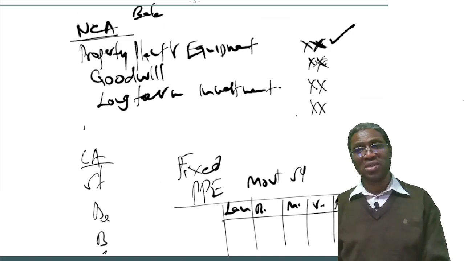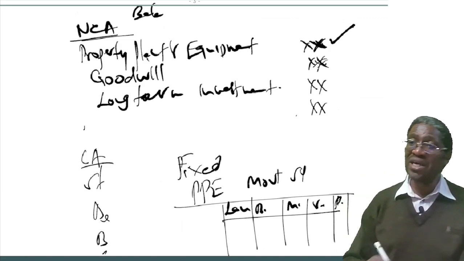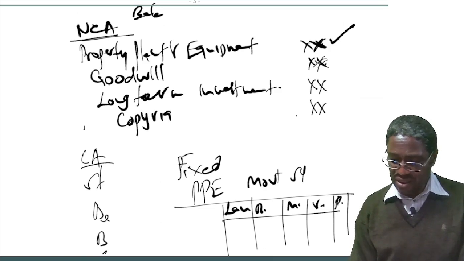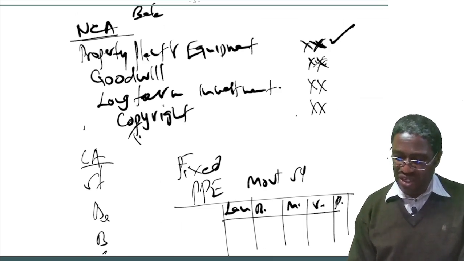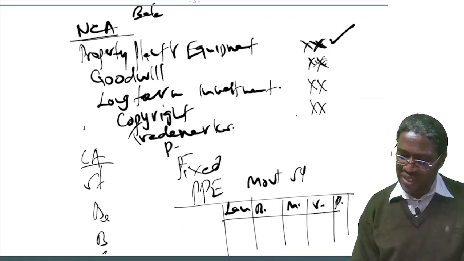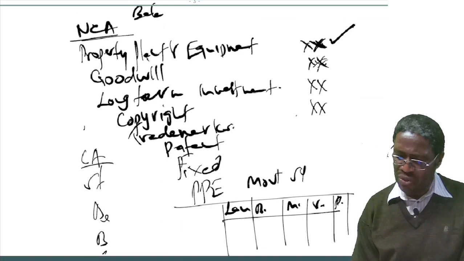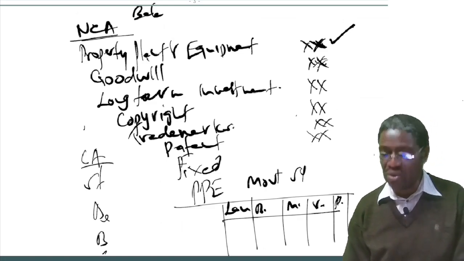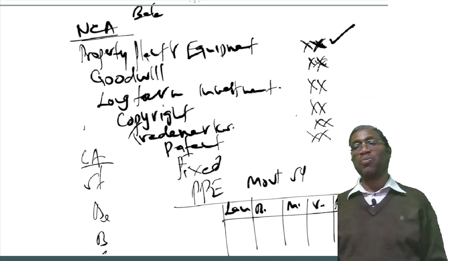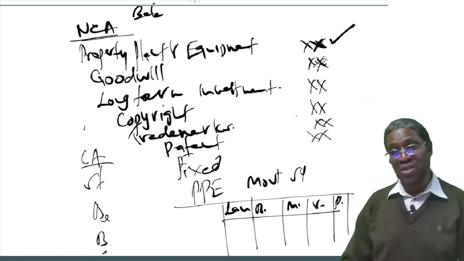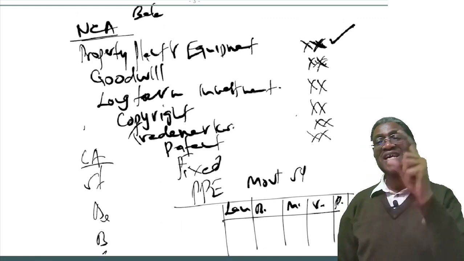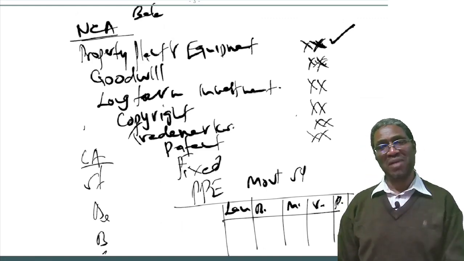Others would include things like other intangible assets, copyrights, maybe trademarks, patents. These are examples of fixed assets or non-current assets which cannot be classified under property, plant and equipment. They are those that I'm now saying you are required to show individually in the balance sheet.